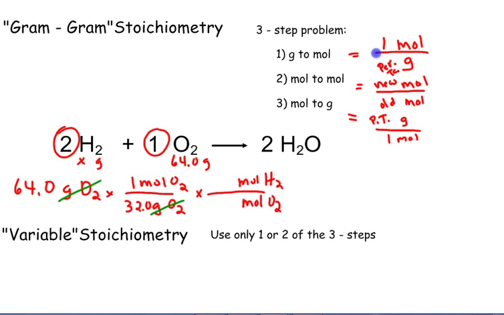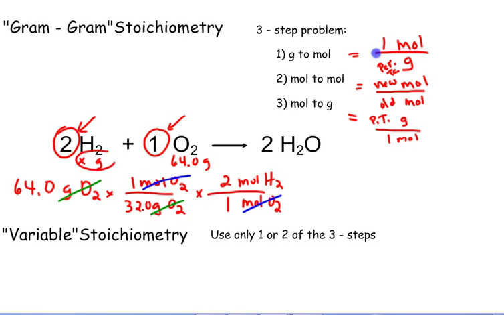So the coefficients from the balanced equation, this mole to mole ratio, 2 from right here, 1 from right here. If we were to stop the problem right here, moles of O2 cancel, and our unit would be moles of hydrogen.